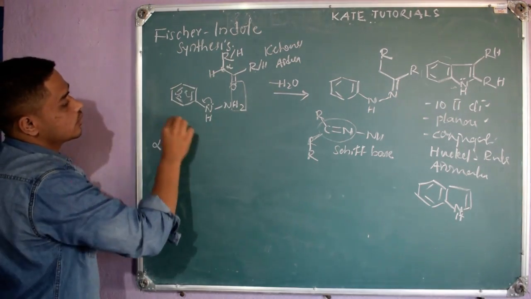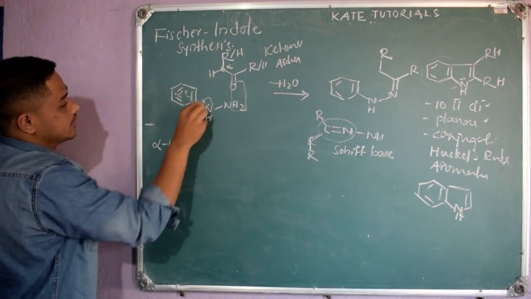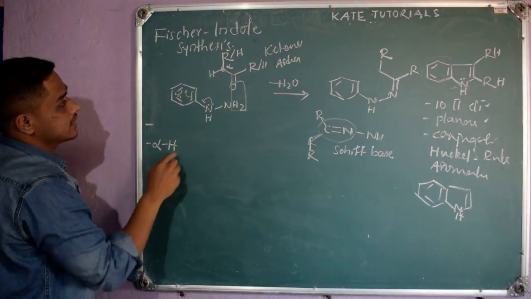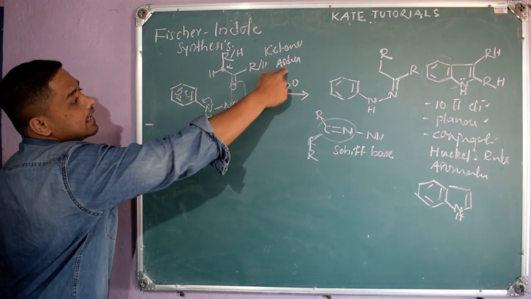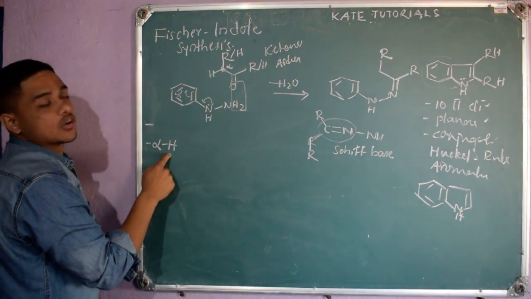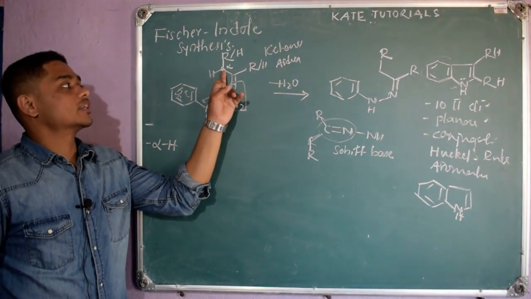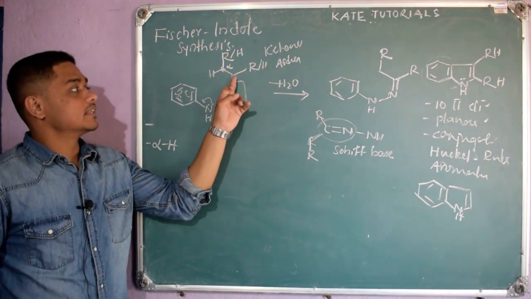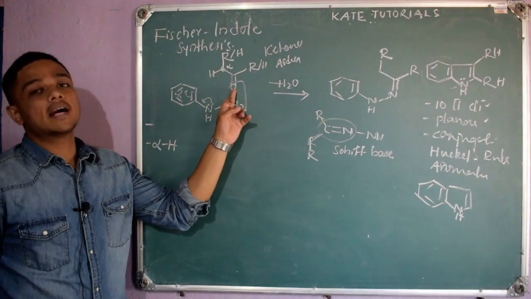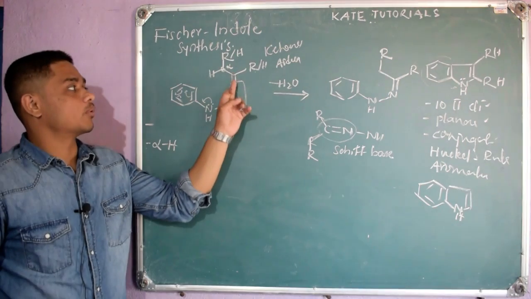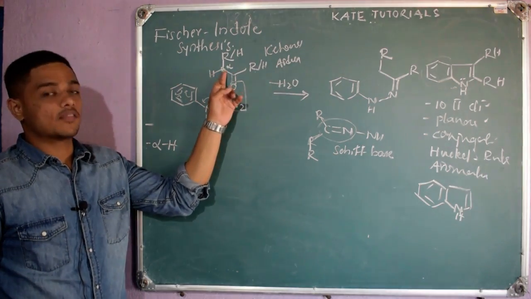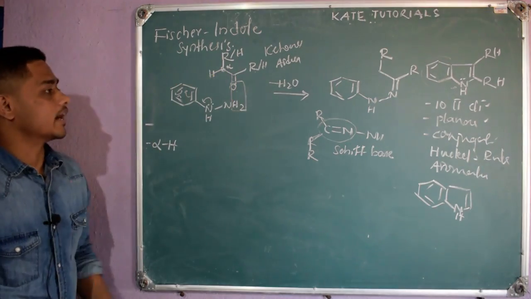First condition is you need this phenyl hydrazine. Second condition is we need a ketone or an aldehyde which contains alpha hydrogen. What is this alpha hydrogen? Alpha hydrogen is a hydrogen present on the alpha carbon, which is next to a ketone group or the aldehyde group, C double bond O. The next carbon is called the alpha carbon, this hydrogen is called alpha hydrogen, right?